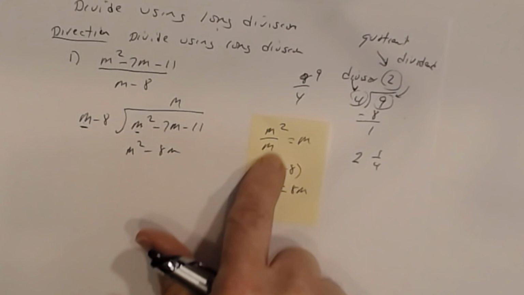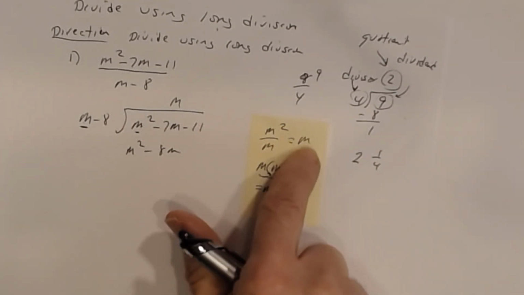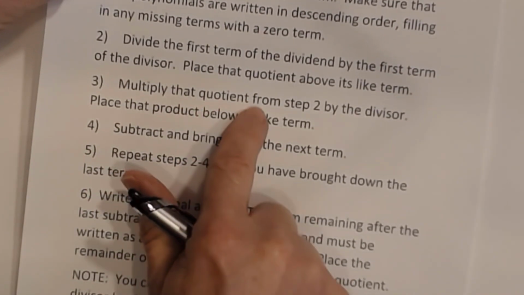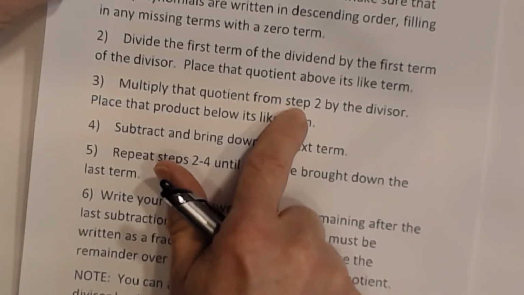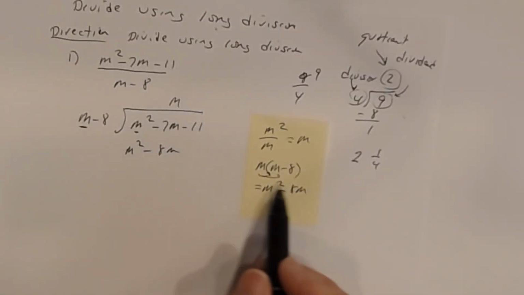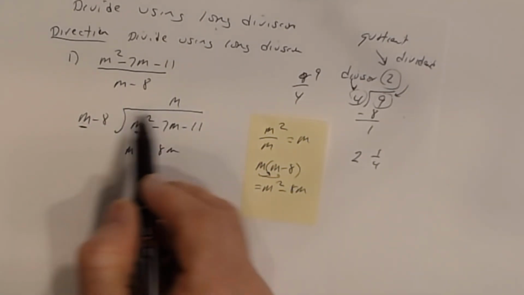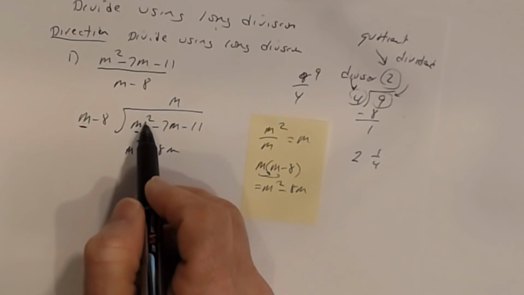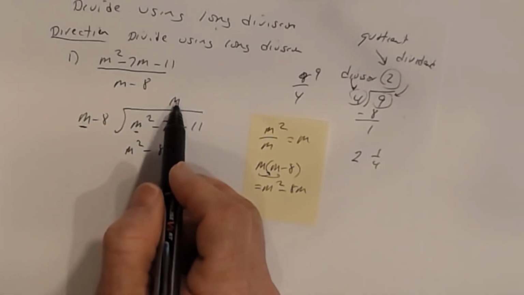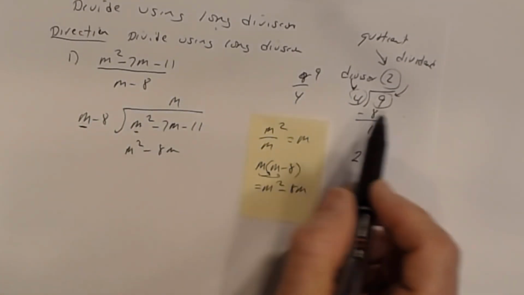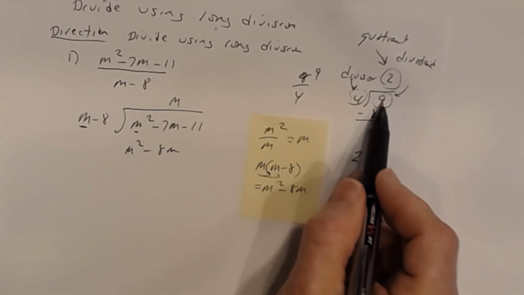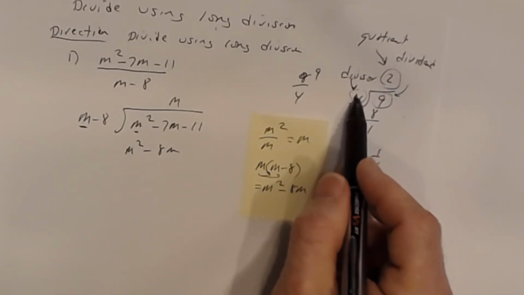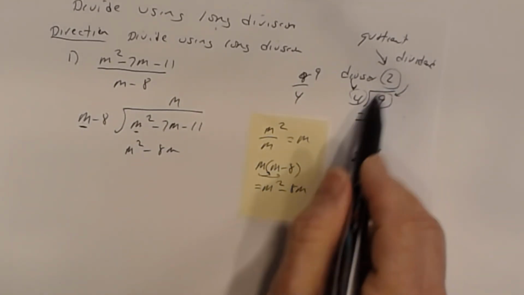That was this right here. We get this. Put this here. Step 3, multiply that quotient from step 2 by the divisor. So that means m times this. So step 1, m squared divided by m. Step 2, multiply. So step 1, 4 divided by 9 is 2. Step 2, multiply. Same thing.